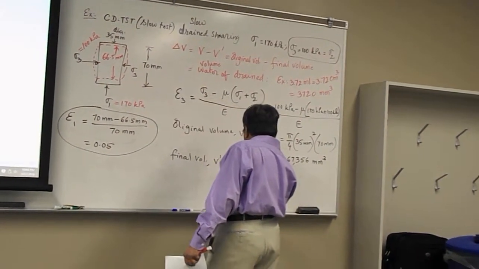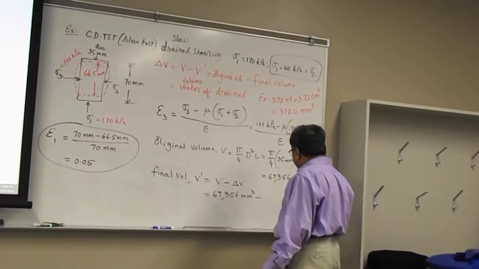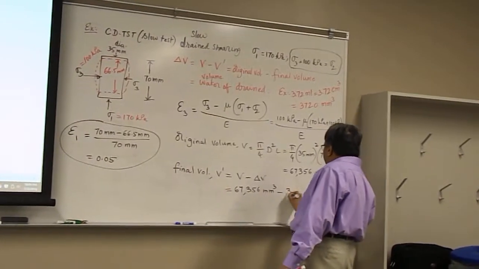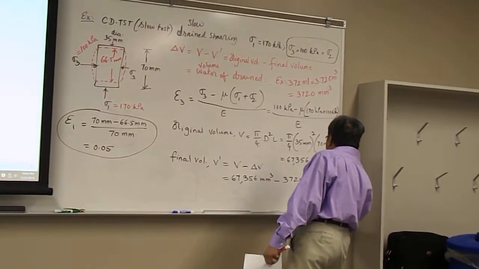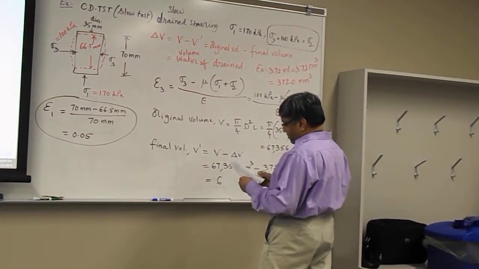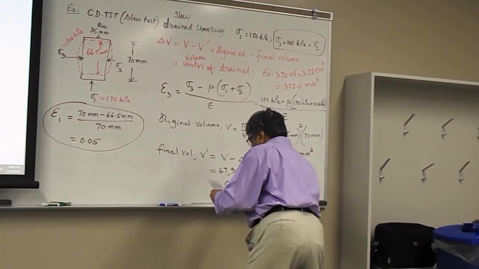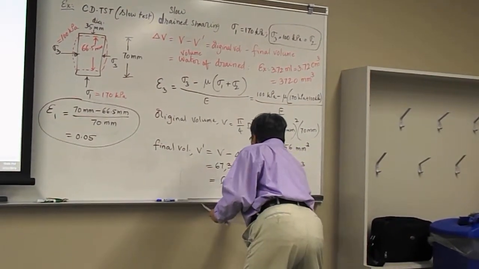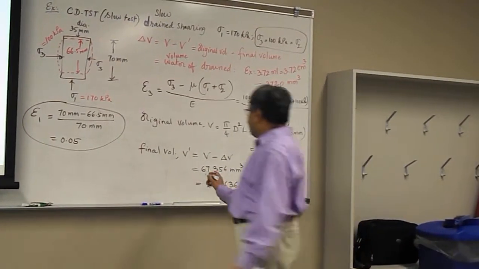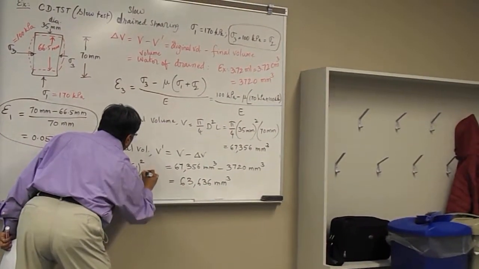So this is 67,356 millimeter cube minus 3720 millimeter cube, which is 63,636 millimeter cube. So this is pi over 4 d prime square times L prime.